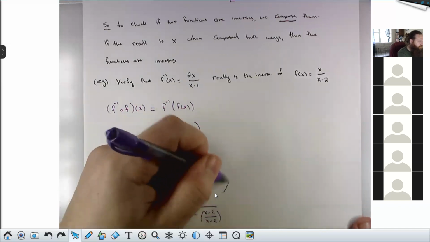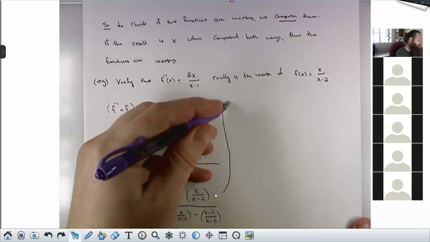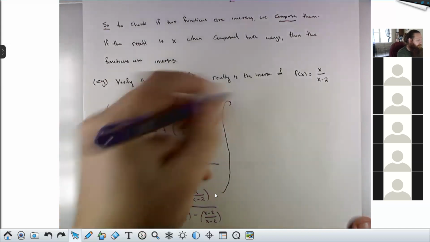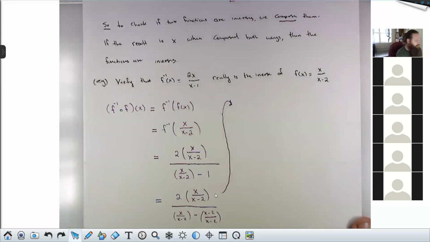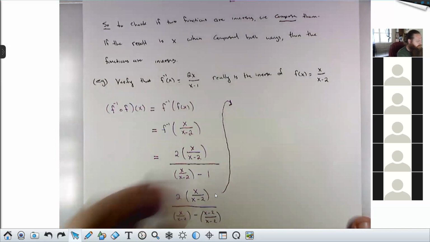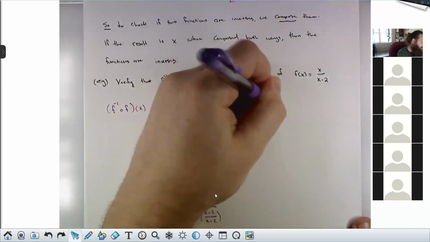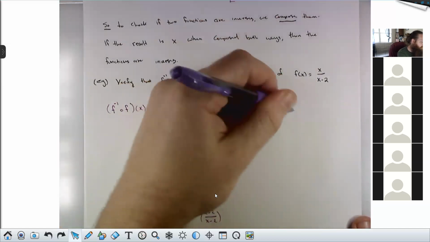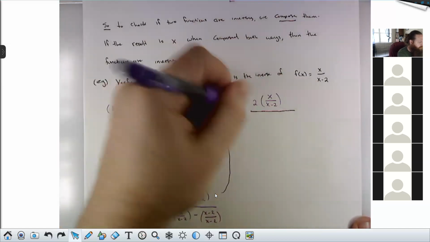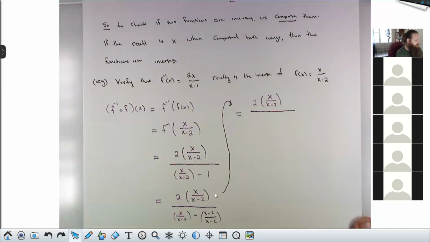I'm going to continue this. The top is going to stay this, 2 times x over x minus 2. Now downstairs, I'm allowed to subtract those fractions because they have the same denominator. So this is x minus x minus 2.